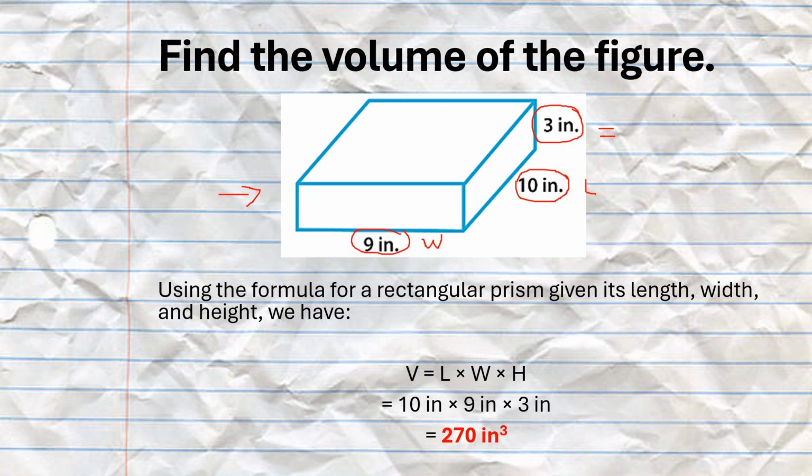Using the formula for a rectangular prism, remember that the formula is volume equals L times W times height, where L is 10 inches, W is 9 inches, and H is 3 inches. So multiply 10 inches times 9 inches times 3 inches, we now have 270 cubic inches.